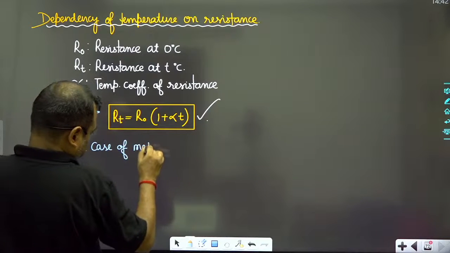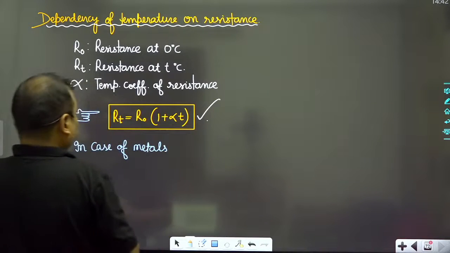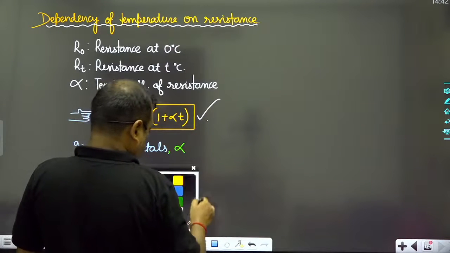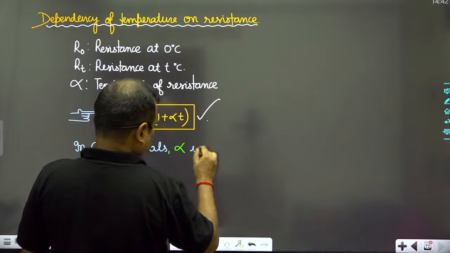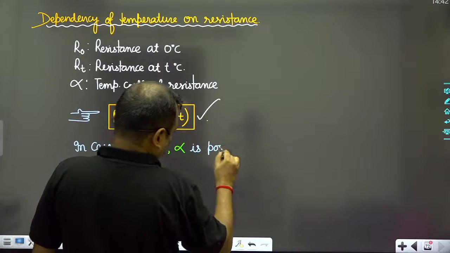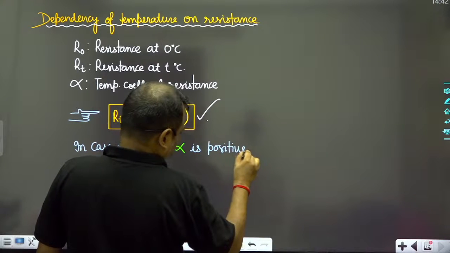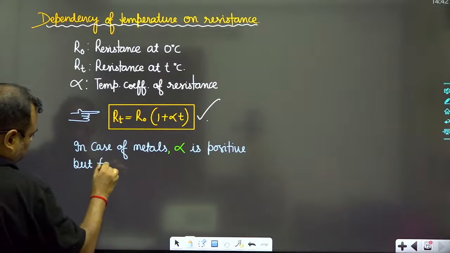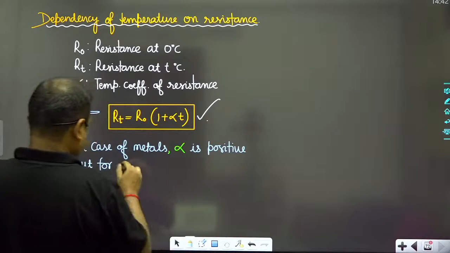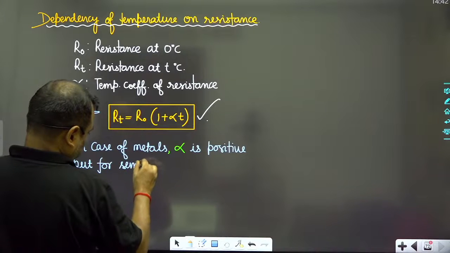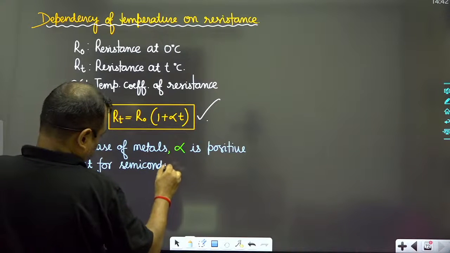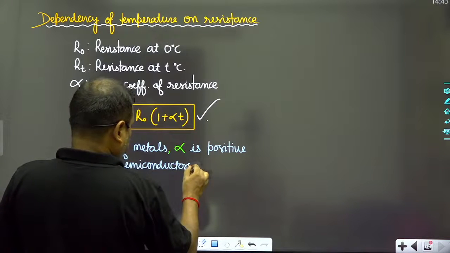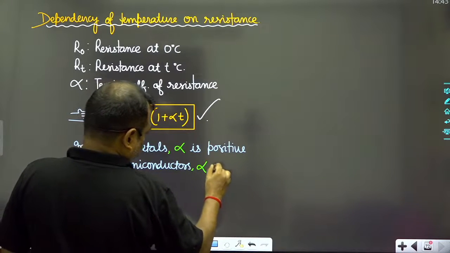In case of metals, alpha is positive, but for semiconductors, alpha is negative.